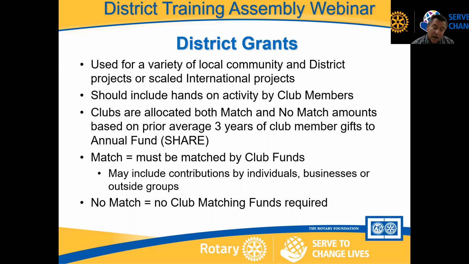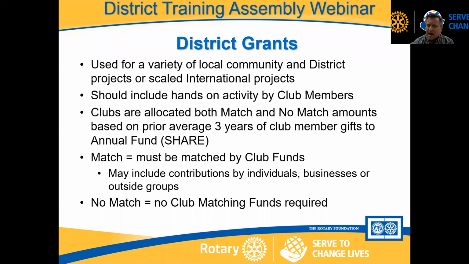Now, matched funds do need to be matched by club funds. So say your club has $1,000 available to it in matched district funds. Your club needs to come up with the other $1,000 for a $2,000 project.